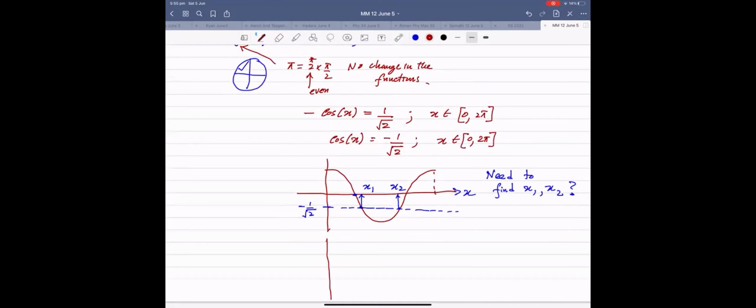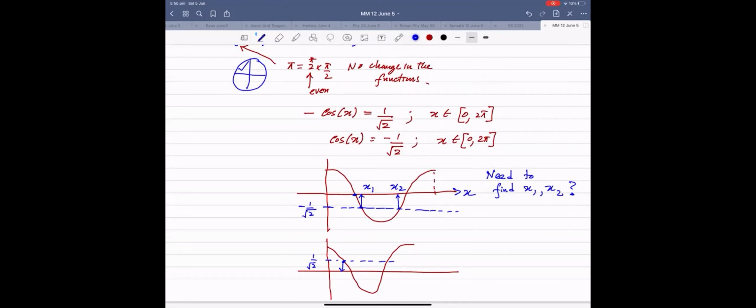So if you have a situation like that, what I told you, I asked you to consider the plus value and take this value over here. Right. So let's see what she did.